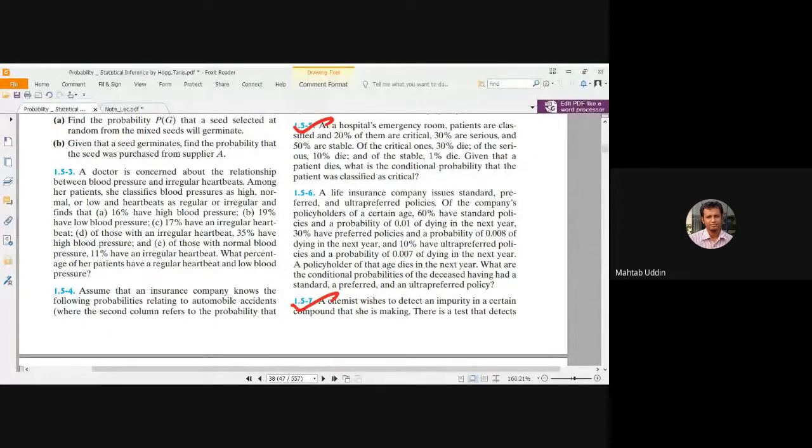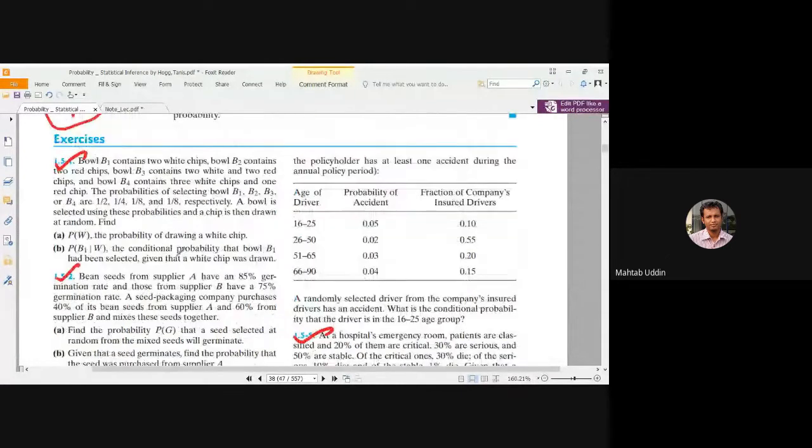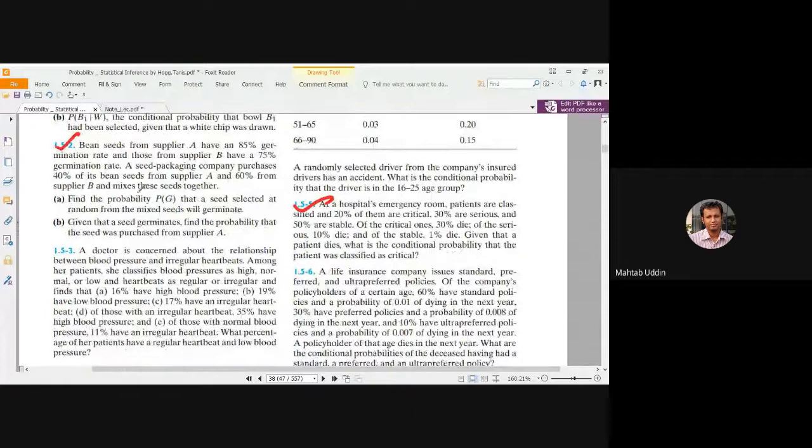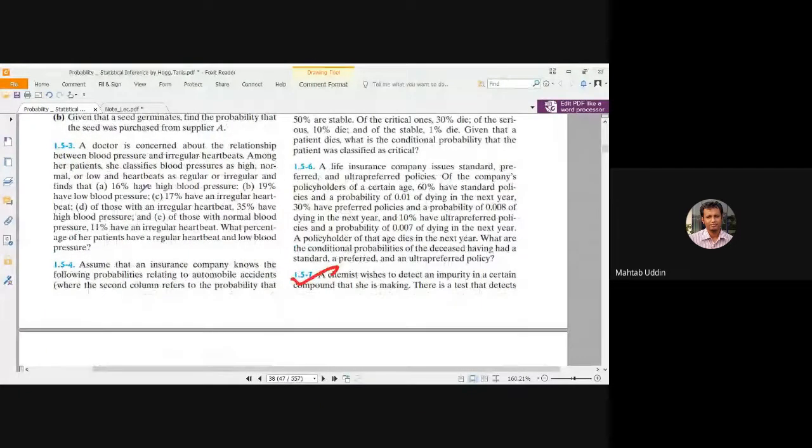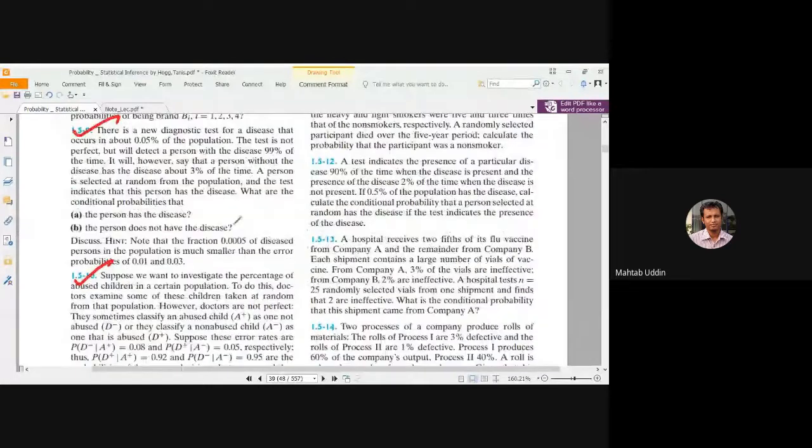So I want to give this as homework. This homework I am going to start with 2. Read question 2. Another problem: 9, 10.